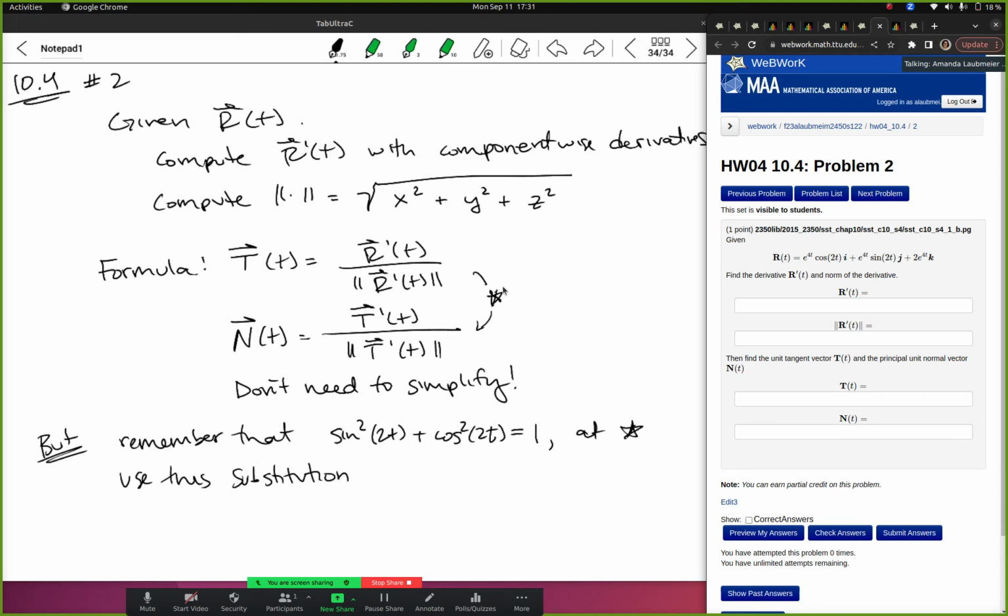And then just use that substitution where you see sine squared plus cosine squared, and maybe you have to rearrange things a little to pull out a common term. But then just use that substitution of 1 to make your derivative simpler.